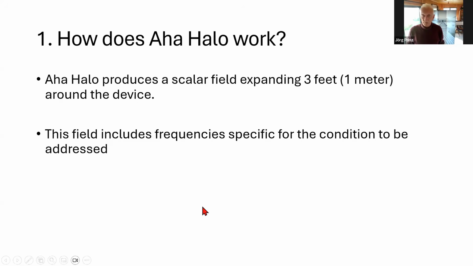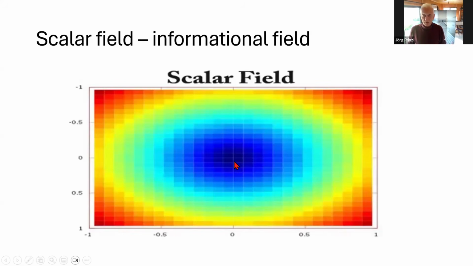And then on top of it, you can put programs, different frequencies for more specific conditions. So it's hard to describe a scalar field. It's like a bubble around the machine. And if the device is close enough to your body, it actually includes your body and forms like a halo around you. That's how John described it, hence the name.